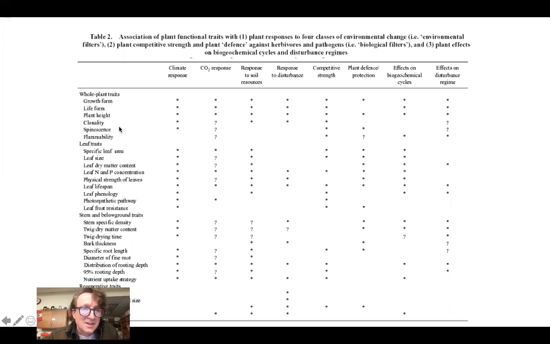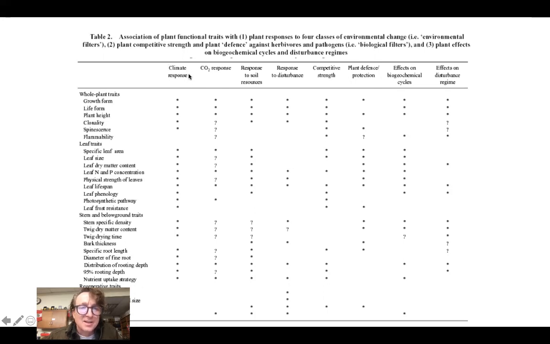Notice here, this is a list of many different plant traits. What this table says is how these different traits are linked to many other measures or questions that you may be interested in.